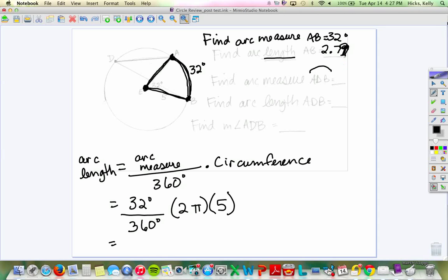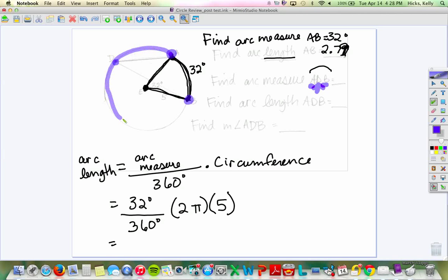Okay, find the arc measure of ADB. I should have put a little arc over that so that you would know I'm talking about arc ADB. Anytime an arc has 3 letters in its name, you know it's a major arc. So that means we're going to be bigger than 180, which means we're going to go from A to B. But we have to go through point D. So we have to go through here.